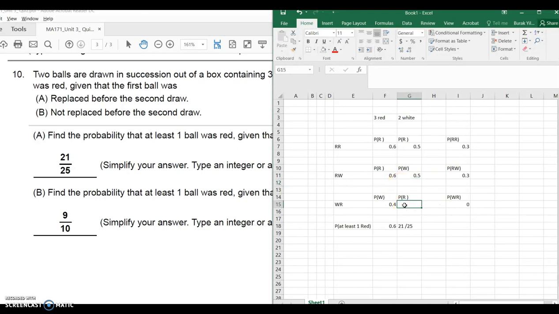And then probability red. The first ball was white, so that means there are 3 red balls out of total 4, because 1 white was drawn, now there's 1 white left, so 4 total left, so it's 3 over 4.